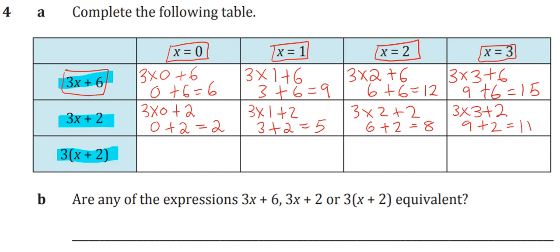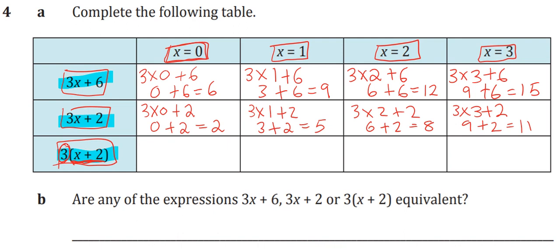I've then gone and filled out this equation in each of the columns for you to save a bit of time, but I'm going to show you how to do this equation here because it's a bit more difficult. Now remember, everything inside the brackets here has to be multiplied by what is out the front here, okay? So, in this column here, x is equal to 0.